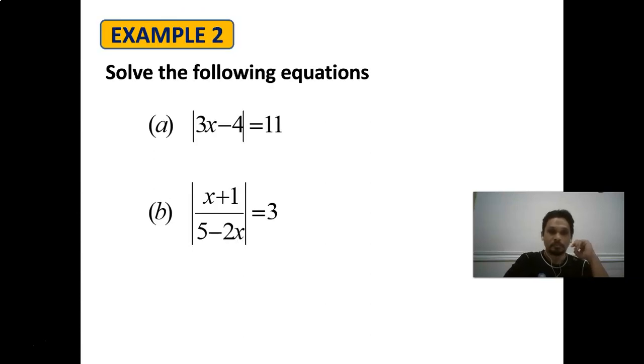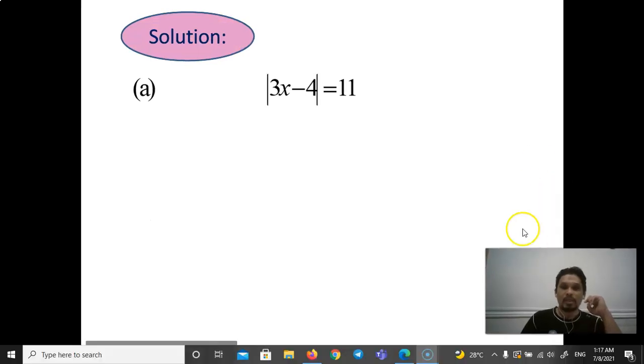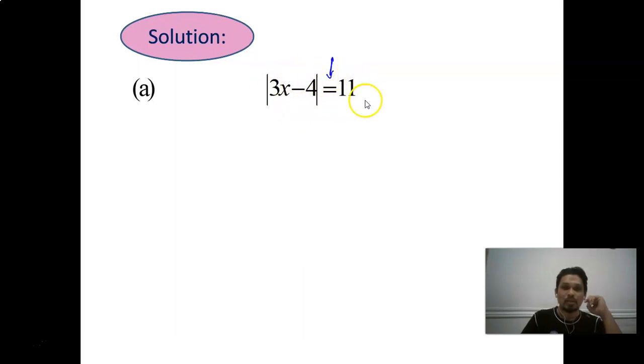And I mentioned just now, negative represents the direction to the left. So what about this one here now? For this one, this is an equal sign, so this is an equation, not an inequality. This one is equal to the value of 11.